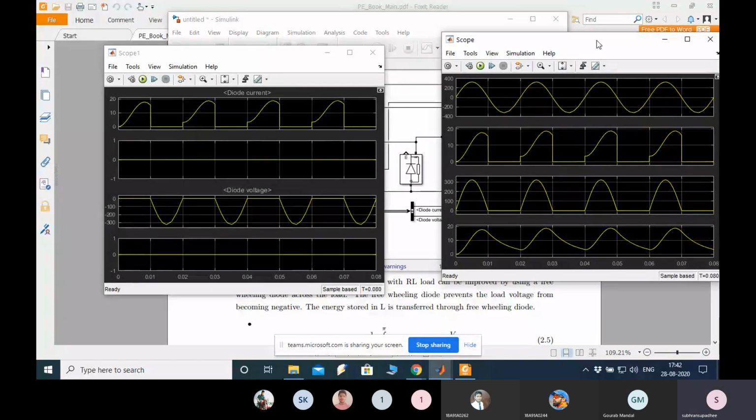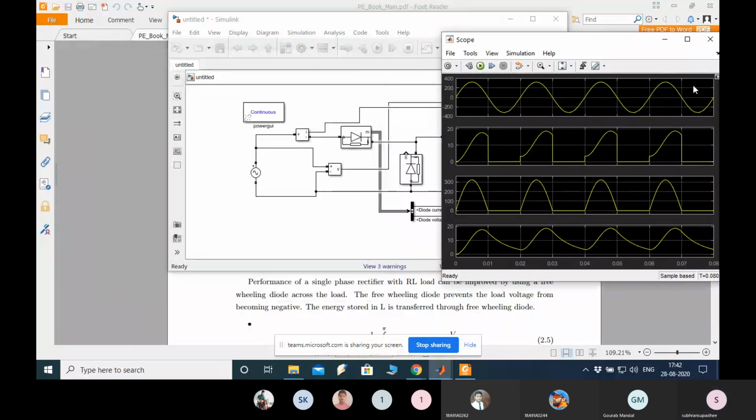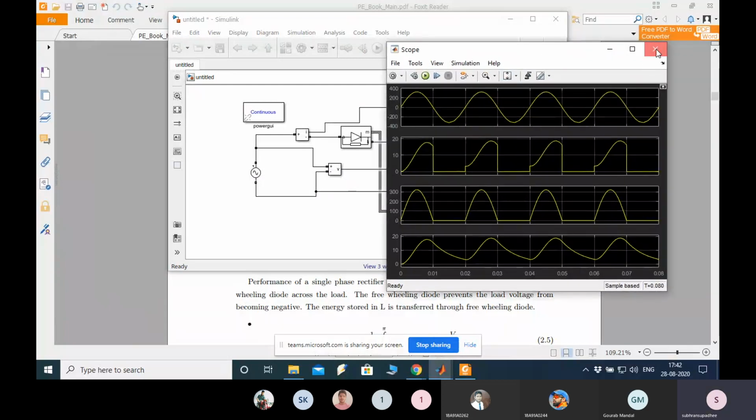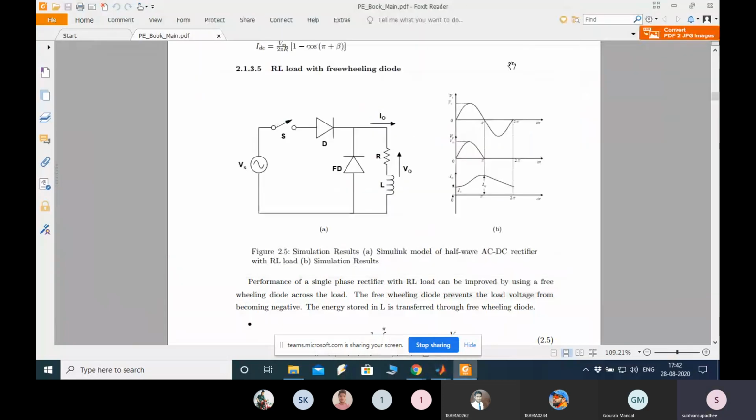Any doubt regarding this? Okay. So this is the freewheeling diode.